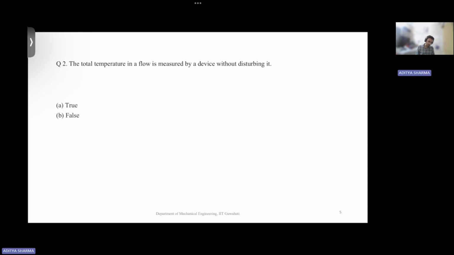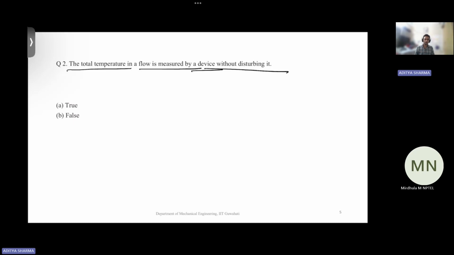This says that the total temperature in a flow is measured by a device without disturbing it. So this talks about total temperature. When we talk about total properties, be it your pressure, be it your temperature, we'll have to get into the flow.